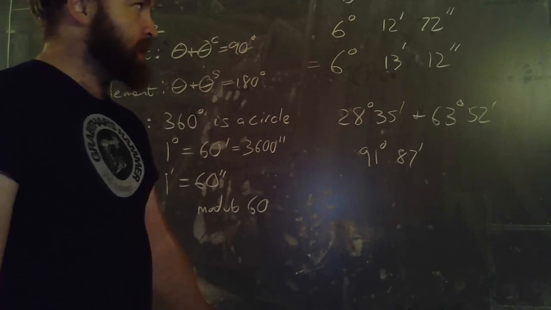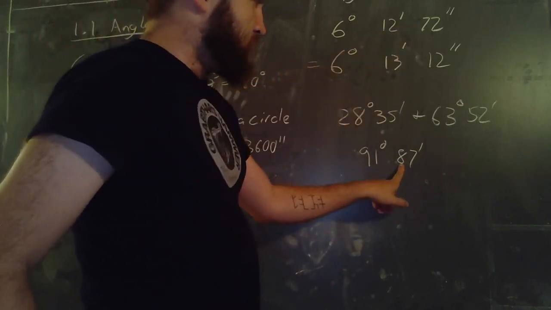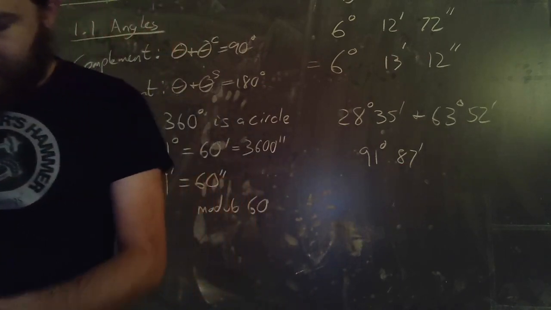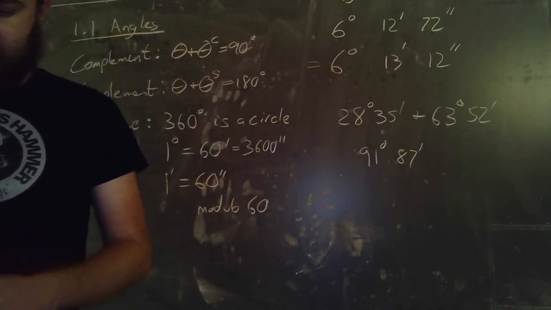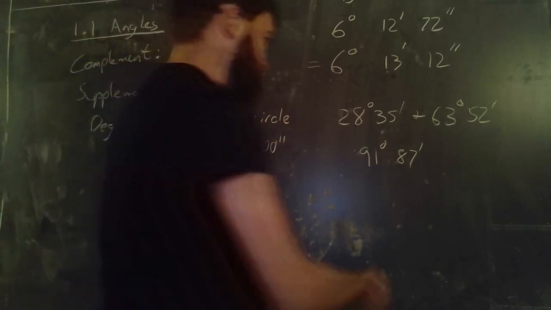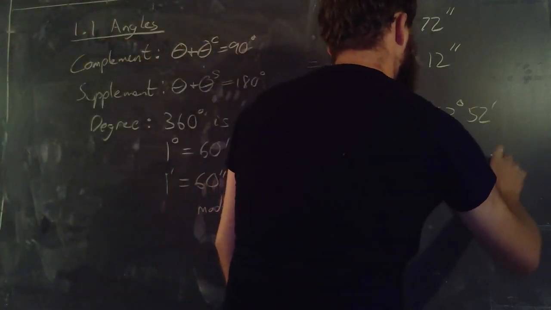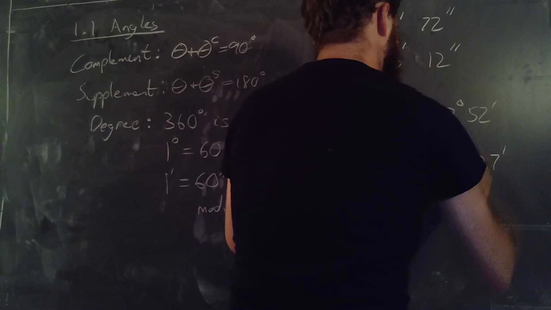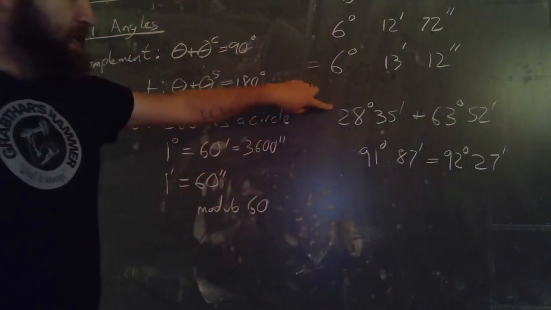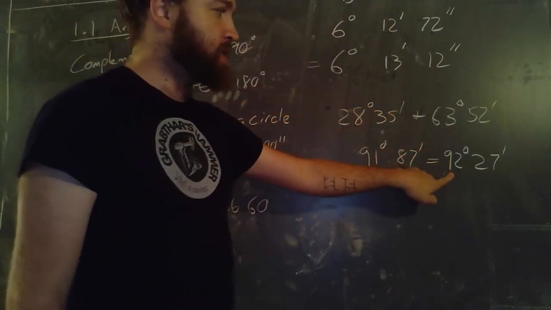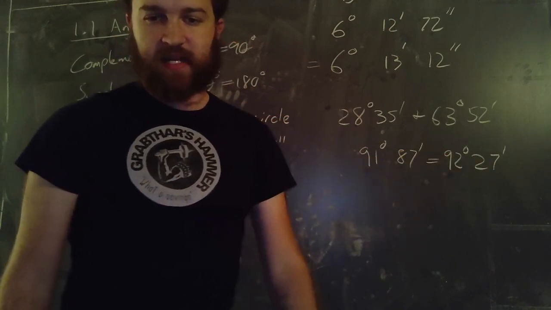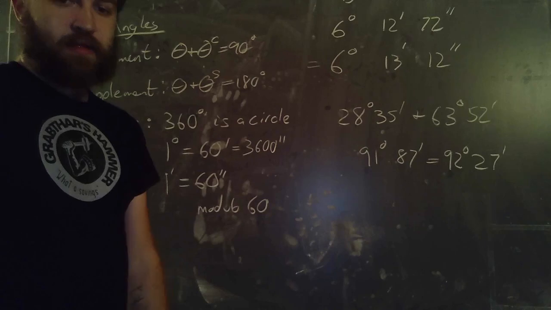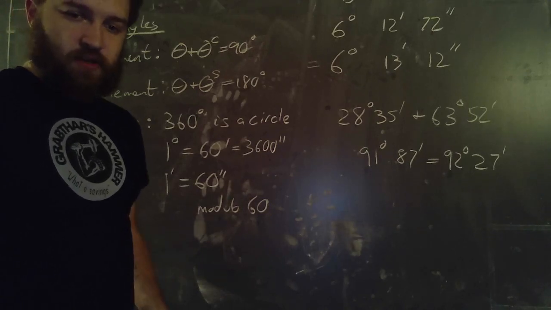So remember, as we did right here, I can work with a number bigger than 60 by subtracting 60 from it, which will give me 27 minutes, and adding 1 to the next place value higher. So this addition will give us 92 degrees 27 minutes when we apply the modulus of 60 to it.